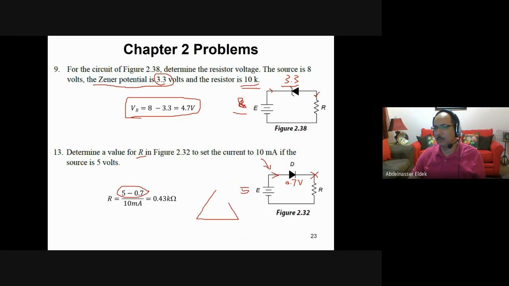If you use Ohm's law to calculate the resistance, V equals I R, I know the current and I know the voltage. The voltage is 5 minus 0.7 and the current is 10 milliampere. Then you can calculate the resistance, which will be this number.